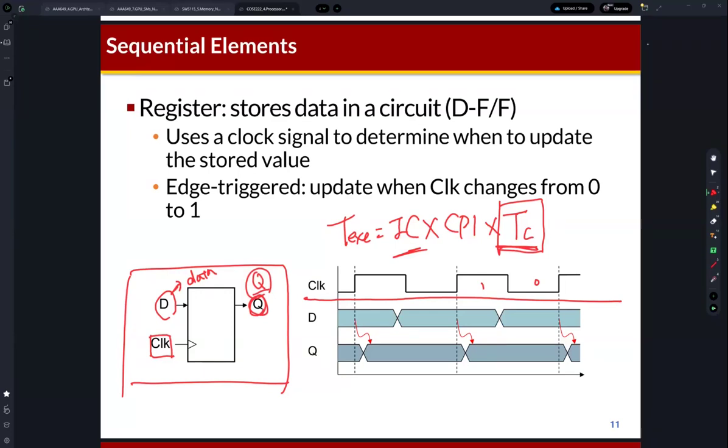So this is the behavior of the D flip-flop. At the rising edge of the clock, the D flip-flop samples the input value.